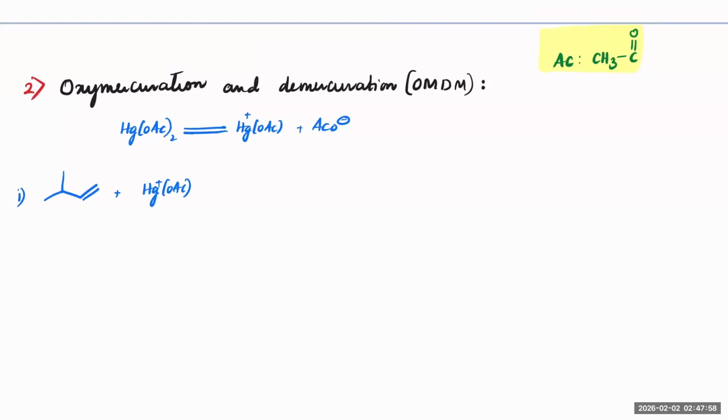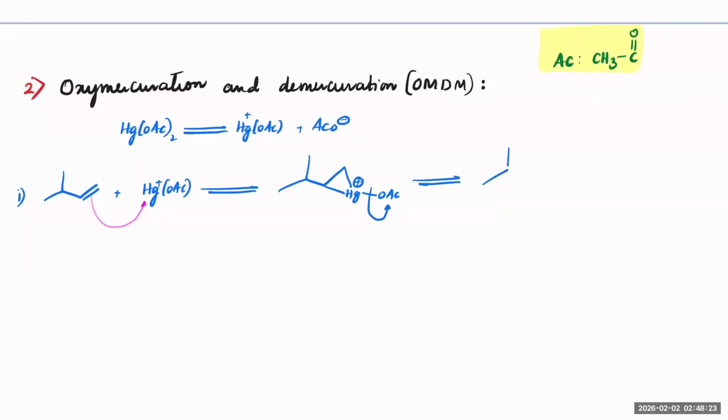So as soon as this happens, the pi bond will attack on mercury and you will see a three-membered ring will be formed with Hg, OAc here, and bonding will be forming here with a positive charge on it. Got it? And AcO minus usually ionizes from here.